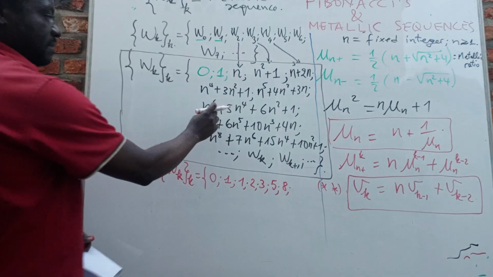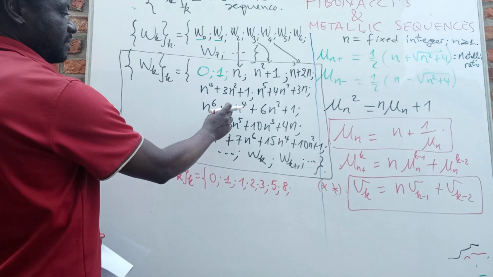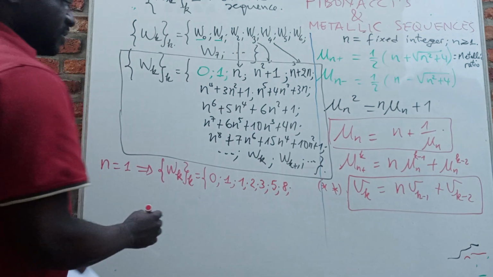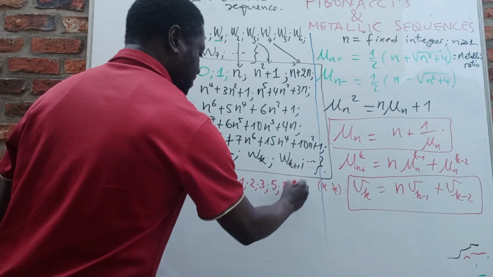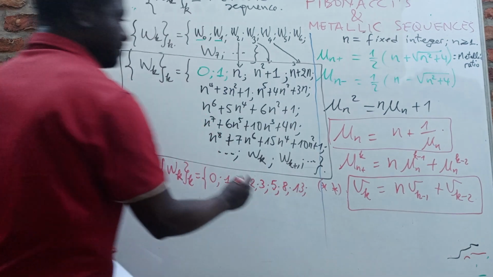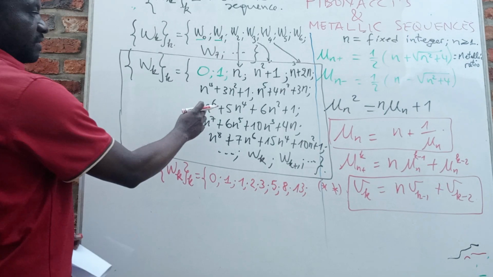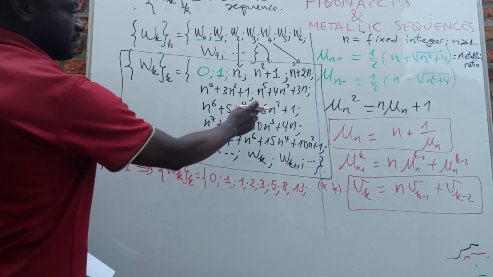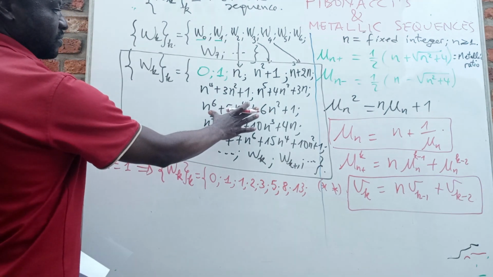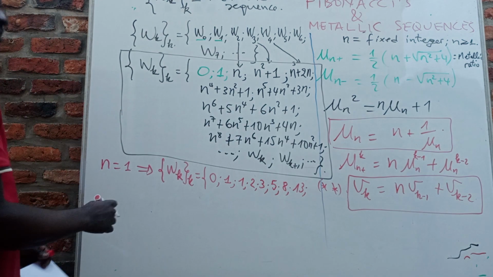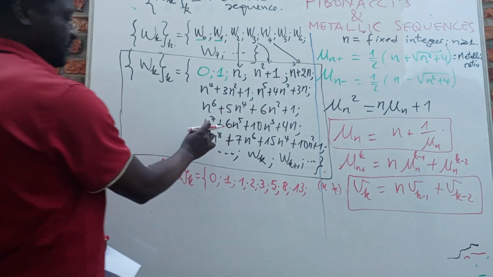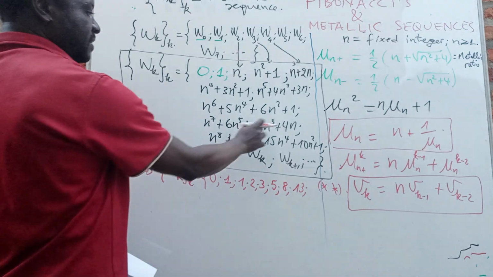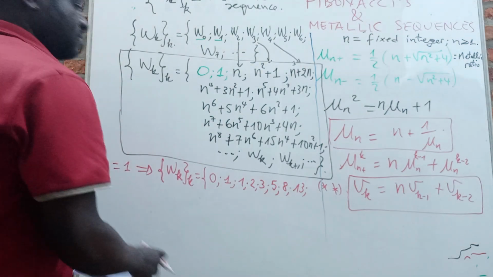So the next term will be 1 plus 5 is 6. 6 plus 6 is 12. 12 plus 1 is going to be 13. So let us continue a little bit. 1 plus 5 plus 6 is equal to, this is what I have just calculated. So now 1 plus 6, 7, 7 plus 10, 17, 17 plus 4, it is 21.